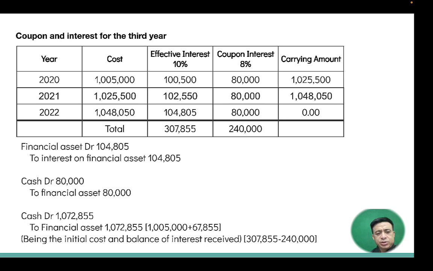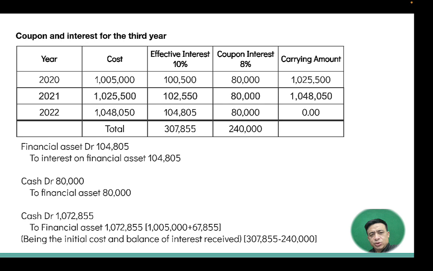The receiving of the annual coupon of 80,000: cash accounted to financial asset. And finally, cash accounted to financial asset to receive the initial investment and the balance of effective interest which was accumulated from the first year to the third year. How do we get the balance of effective interest?